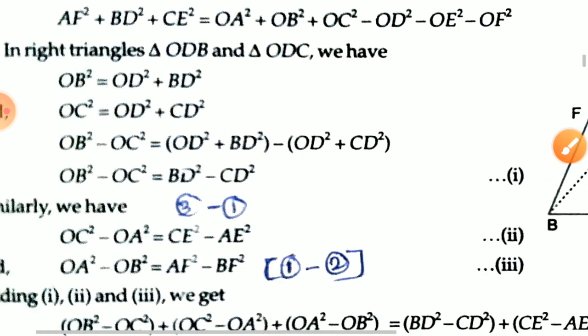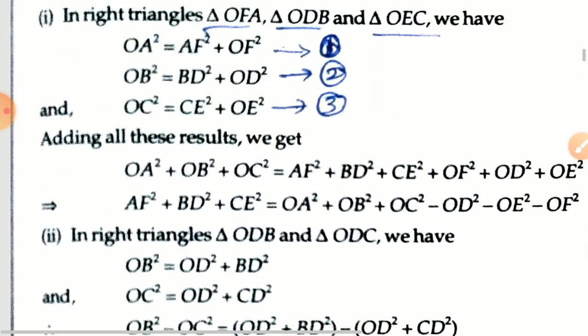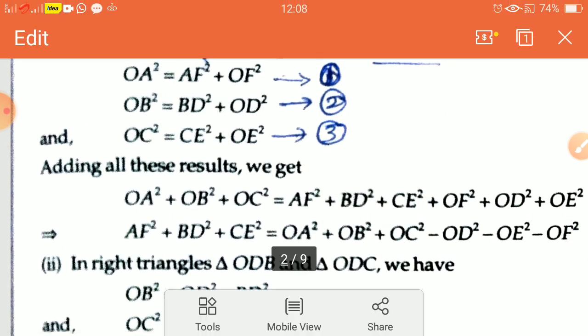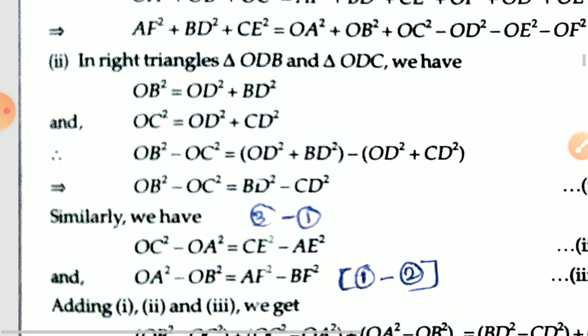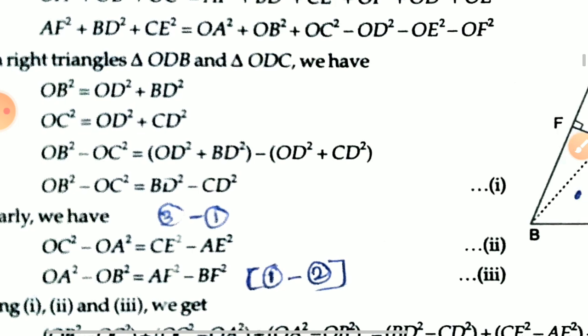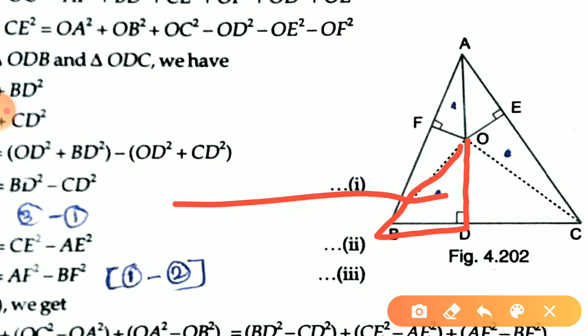Then we have to apply here. Without applying, we can directly use equations 1, 2, 3, but here in the right angle triangle ODB, we will get OB square is equal to OD square plus BD square.